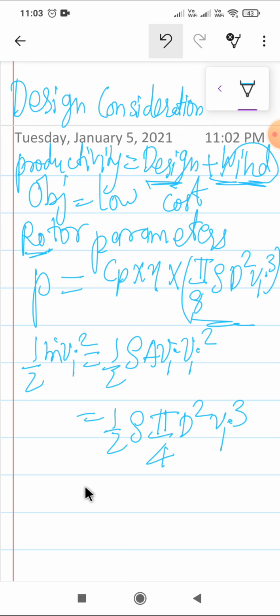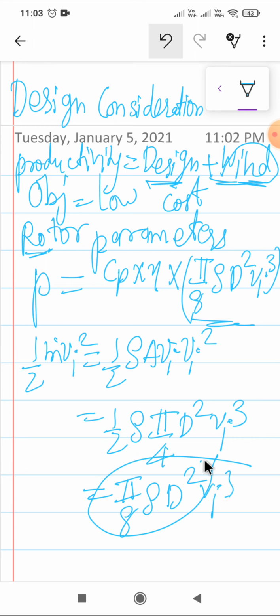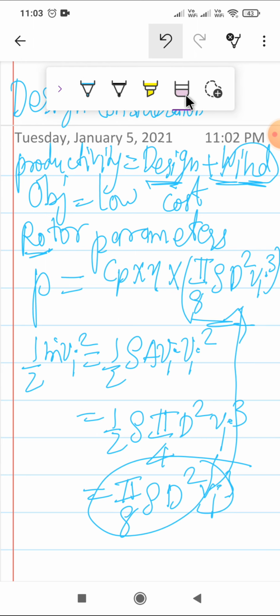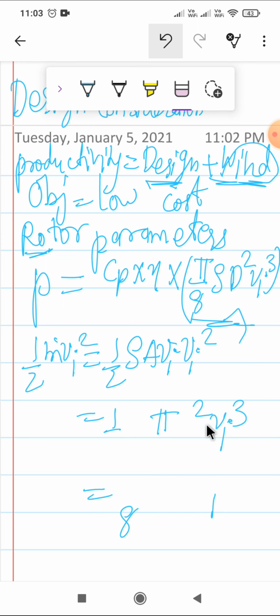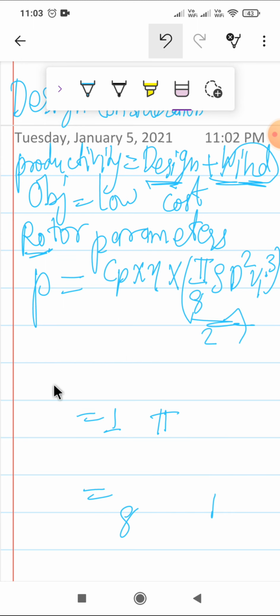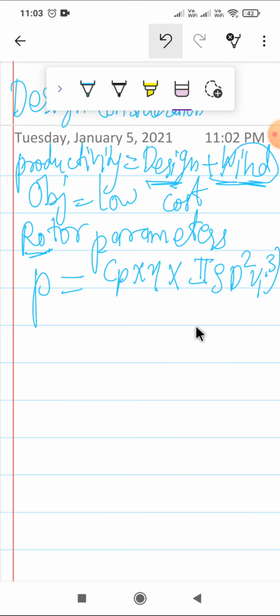So we finally got pi by 8 rho d square Vi cube. This equation we have used here for power. So it is pi by 8 rho d square Vi cube.